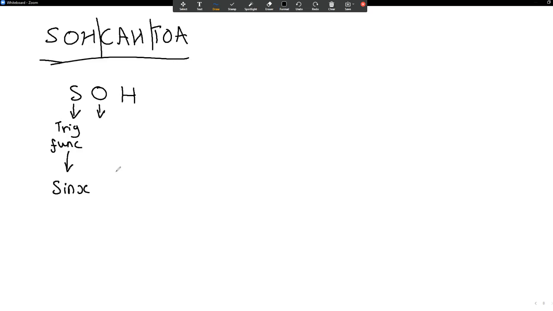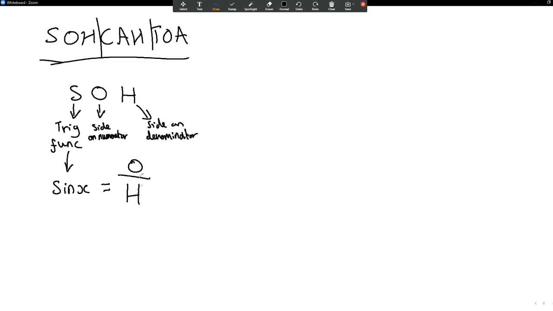And then the second letter denotes the side on the numerator, and the third letter denotes the side on the denominator, right? So here we have the numerator being O, and the denominator being H.